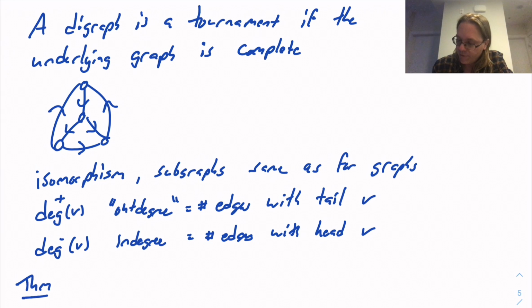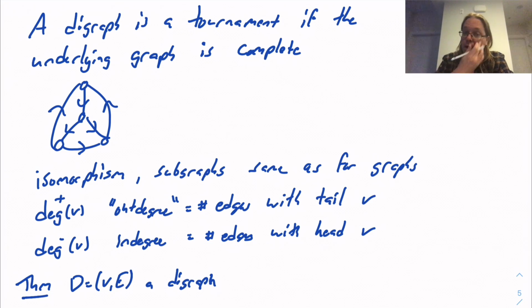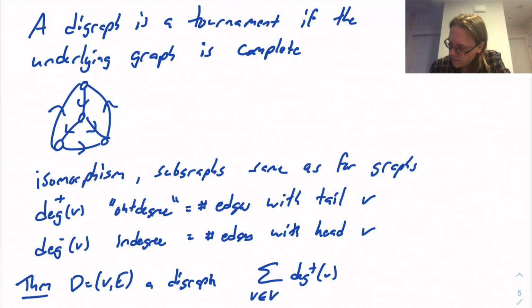For every digraph, if I give you a digraph D equals (V, E), then when you sum up the out degrees of all the vertices, you get the number of edges, and that's also what you get when you sum up the in degrees.